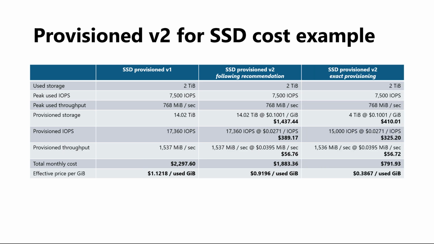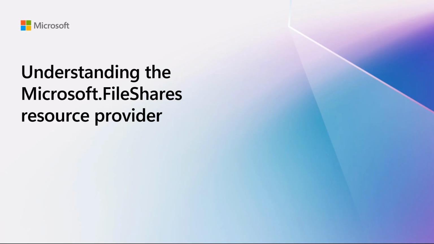But then if you know, as we do in this case, that I don't need that much storage, I need a certain amount of IOPS and a certain amount of throughput, I can provision exactly what I need on all 3 dimensions. So then the price is dropped to around 38 cents per used gig. So with that, we've reached the end of the provisioned v2 content.